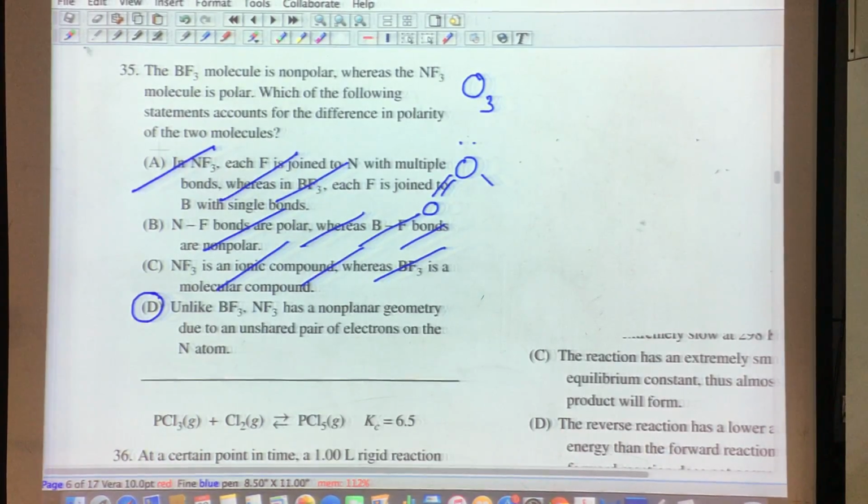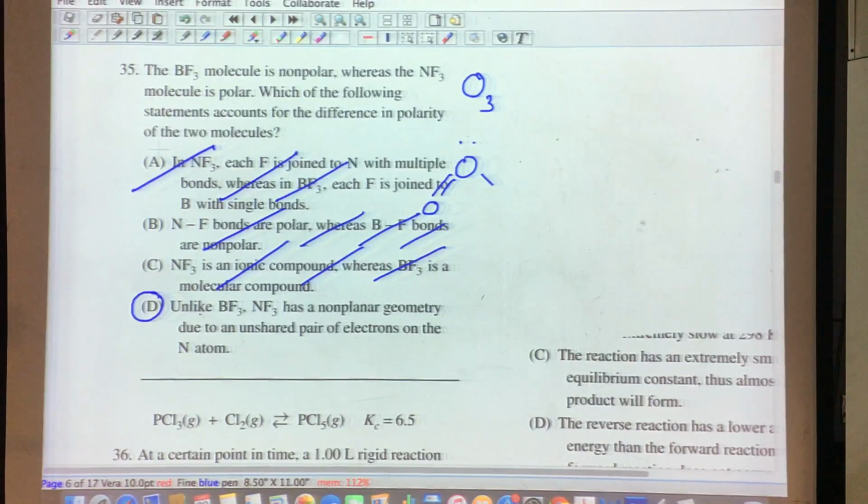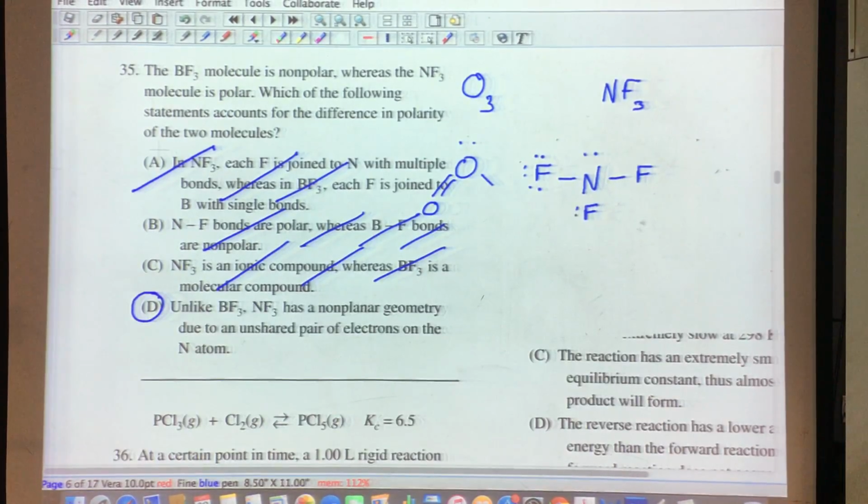Okay, just like, I don't know, ducks in a pond. But the point is, NF3, not your best friend 3. What does this look like? Well, N has a lone pair, and then you have the F. What is the hybridization here? sp3 with a lone pair.